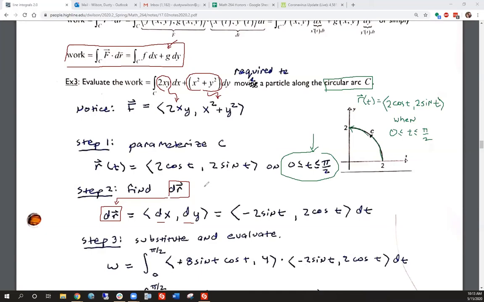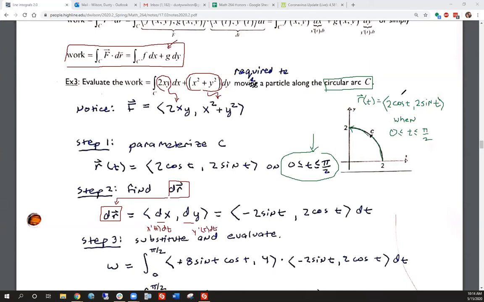And remember that dx would be x prime of t dt, and dy would be y prime of t dt.